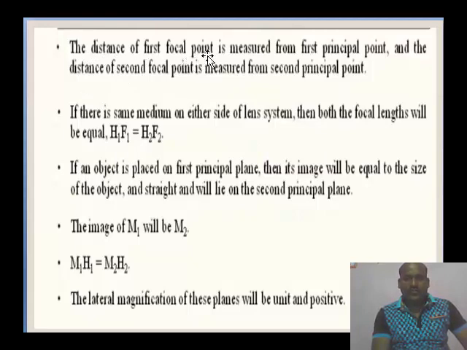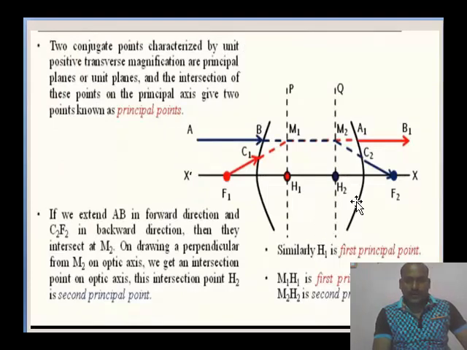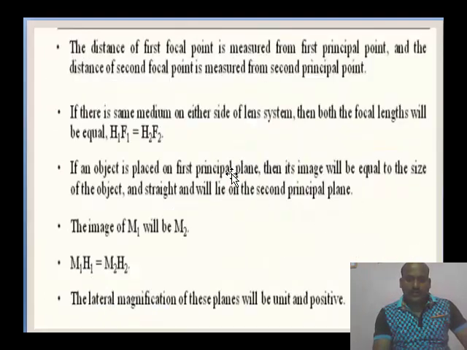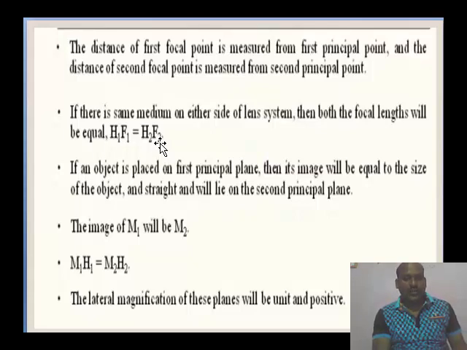The distance of the first focal point is measured from the first principal point, and the distance of the second focal point is measured from the second principal point. So look at the diagram for the first and second principal points. If there is the same medium on either side of the system, then both focal lengths will be equal. So when the medium is the same on either side, object side and image side, H1 F1 is equal to H2 F2.